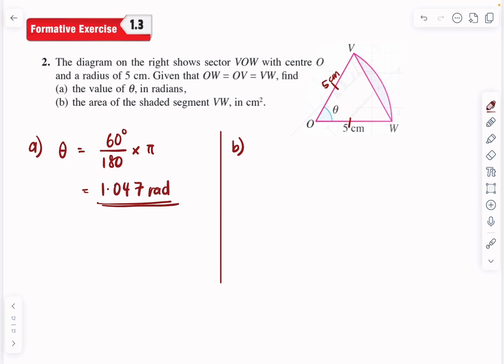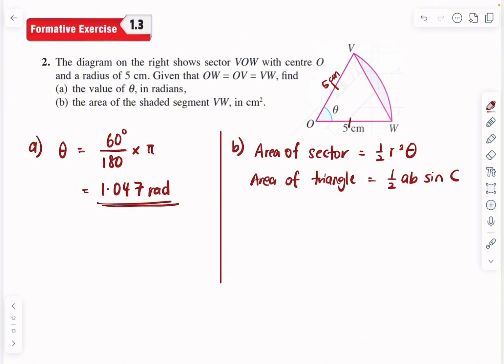So area of sector is 1 over 2 r square theta. Area of triangle is 1 over 2 AB sine C. So the area of the shaded region will be area of sector minus the triangle.